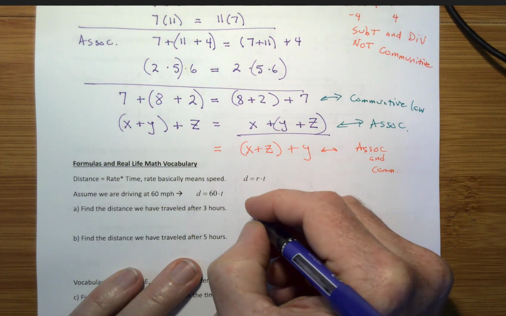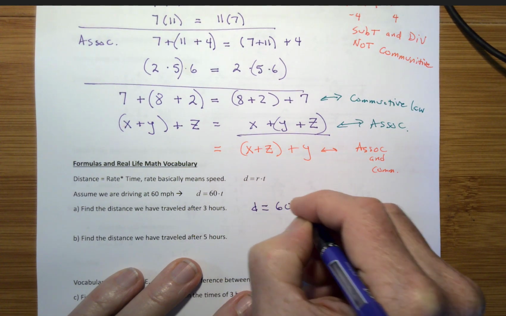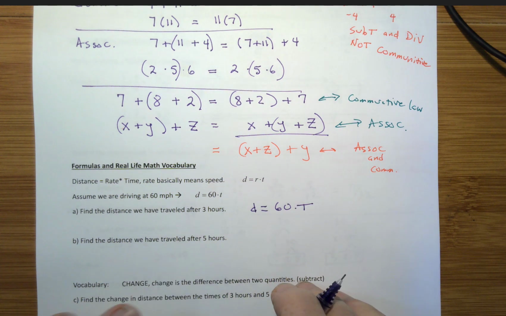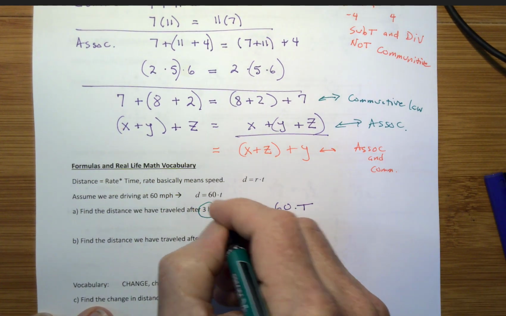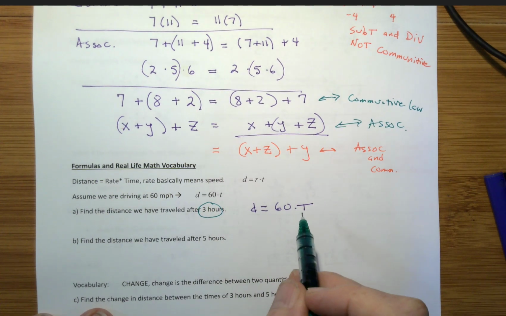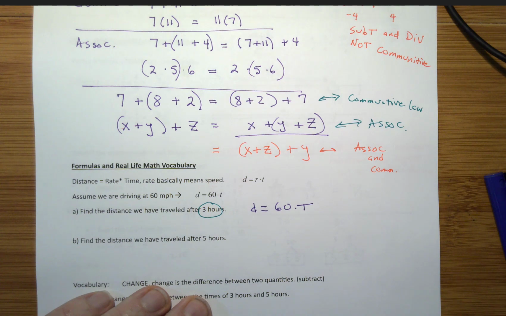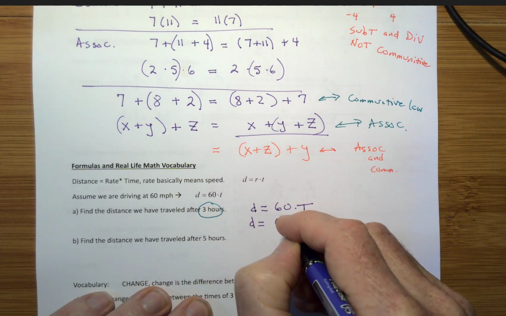Well, we can use the formula. D equals 60 times T. And since they told us T equals 3 hours, we're going to take the 3, our time number, and plug it into the time spot. So we'll have D equals 60.